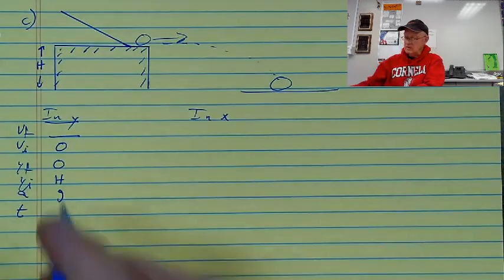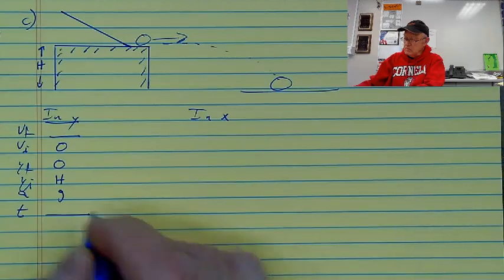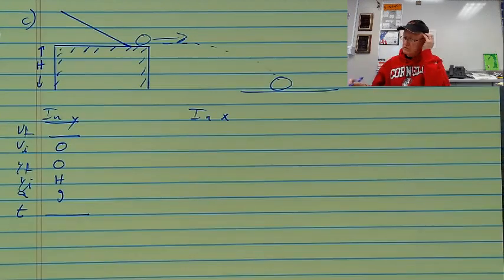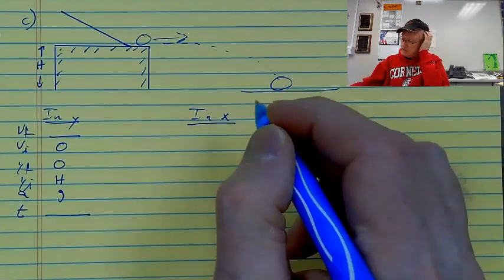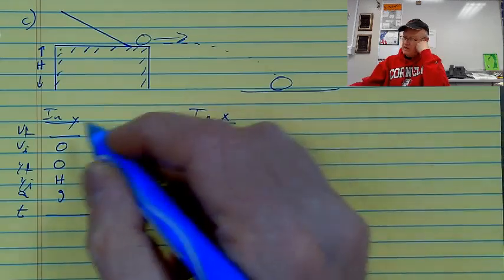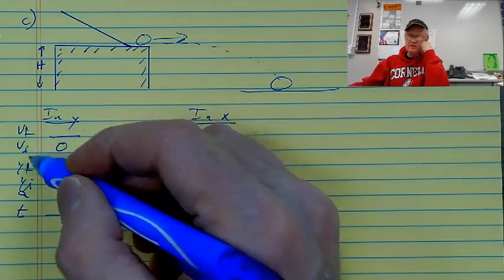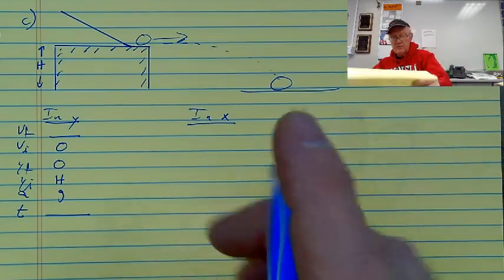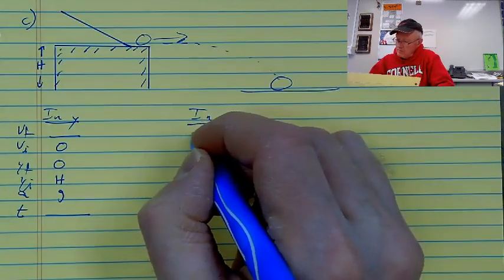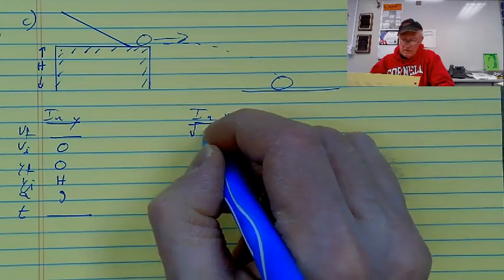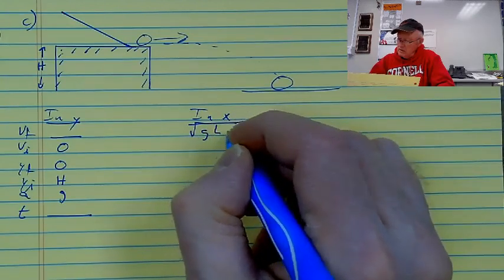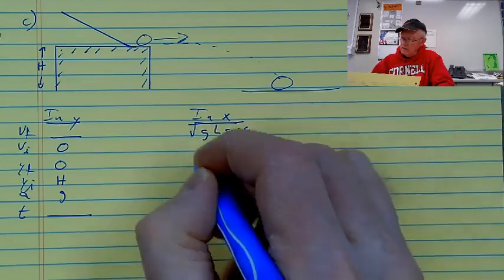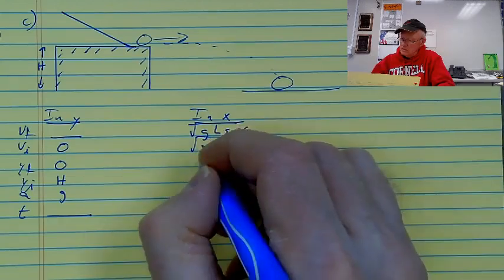Now in x, let's talk about vf and vi. These two are going to be identical, and that's the velocity we got coming off the ramp, which was the square root of g L sine theta. In x, it will continue to be the square root of g L sine theta because there is no acceleration in the left-right direction.